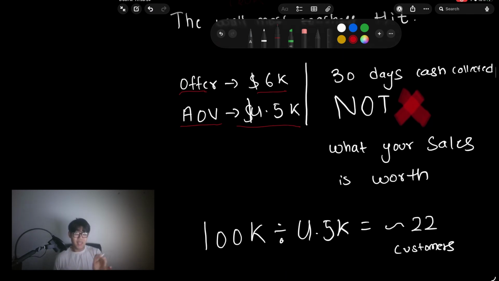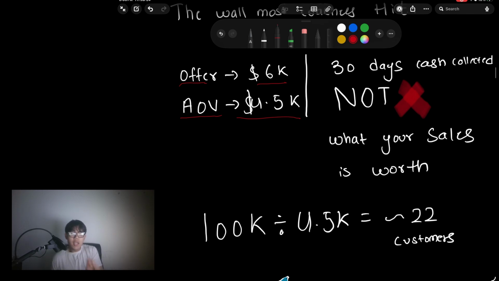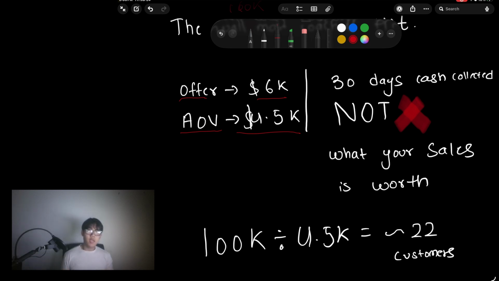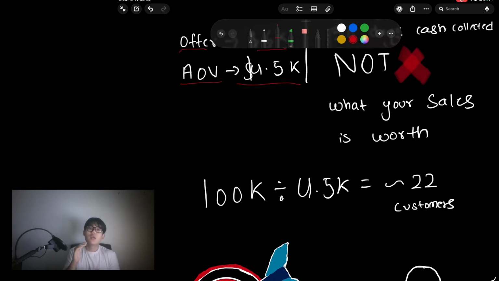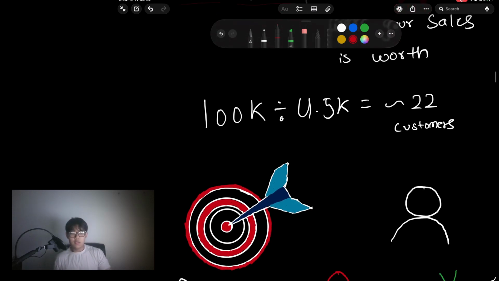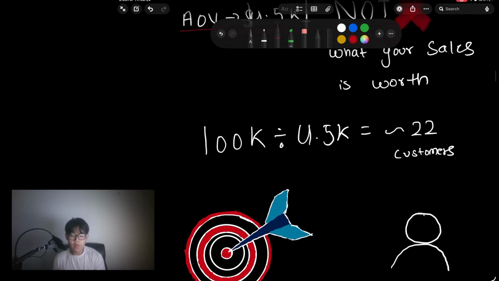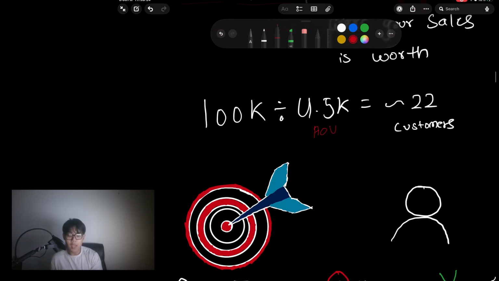Your sales is worth 6K, but when you collect your payment over the duration of 30 days, it goes down to 4.5K because some of them are on payment plans or they cannot afford upfront, right? So now your AOV is 4.5K and 100K is your goal, right?